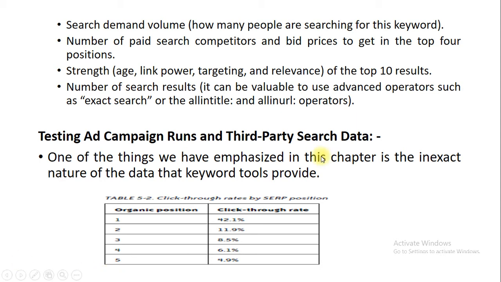So in the organic position you have the click through rate by search engine result pages, and on the first position you have approximately 42 percent of clicks. Similarly, on the second position you have 11% of clicks. We have already shown this table when we discussed unit number 1 videos, right? We took the example of paid search versus organic search, and we have already seen the top 10 ranking and click through rate.